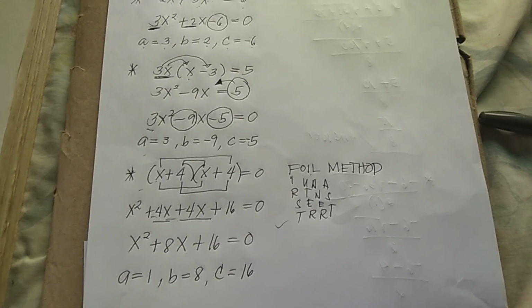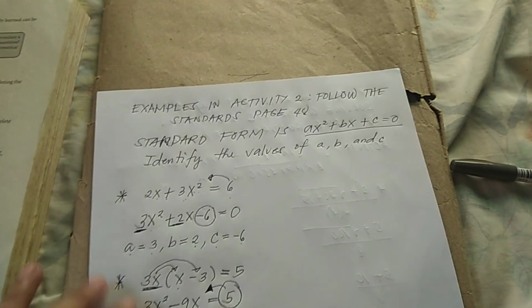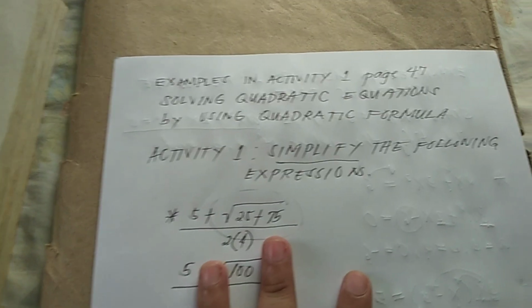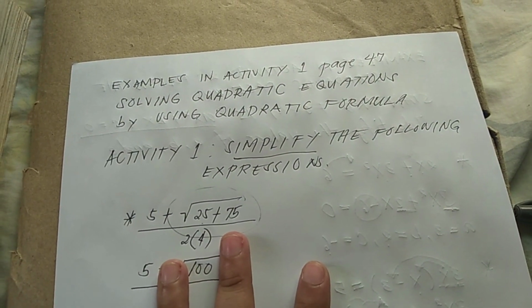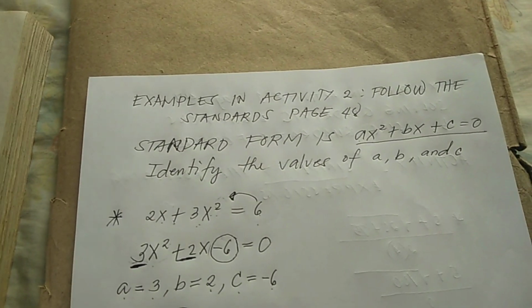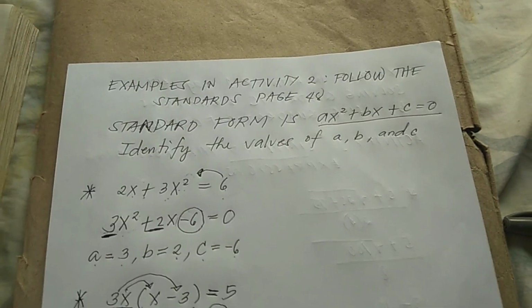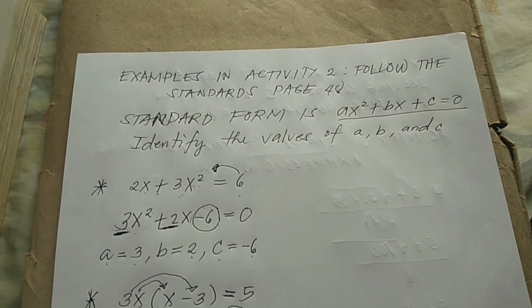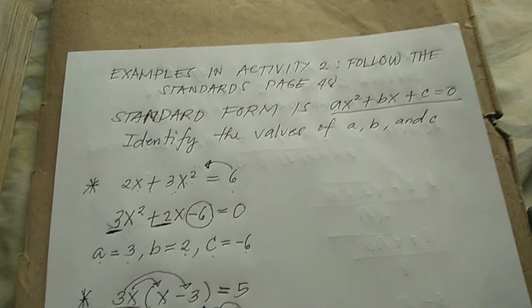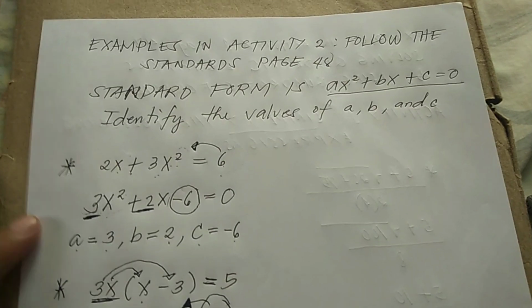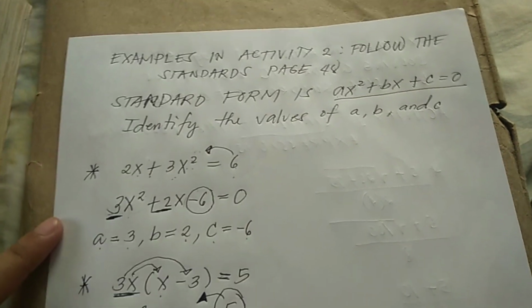So, bakit natin diniscuss yung activity 1, which is simplifying expressions, and activity 2, which is yung rewrite the following expression into standard form and identify the value of a, b, and c.